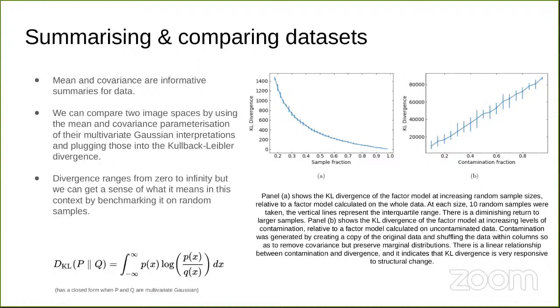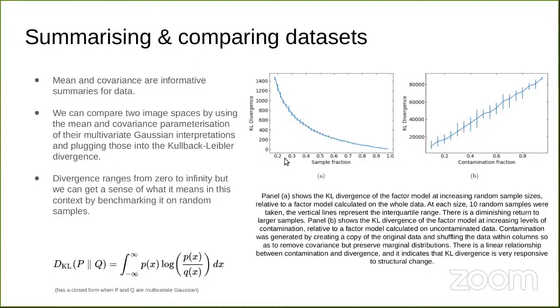So in order to calibrate the divergence to something useful, so I could show you the next slide, what I've done here is I've taken samples of the data, fitted our space to it, and then compared it to the space fitted to the full data. What you see at the bottom is the size of the sample, and on the y-axis is the amount of divergence.